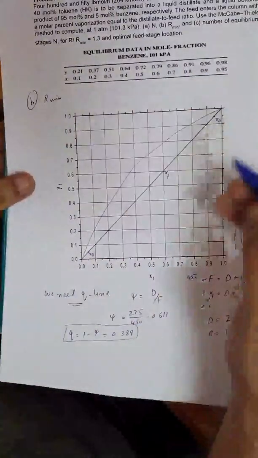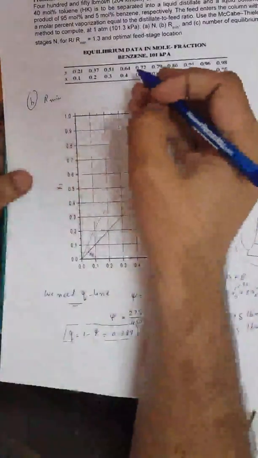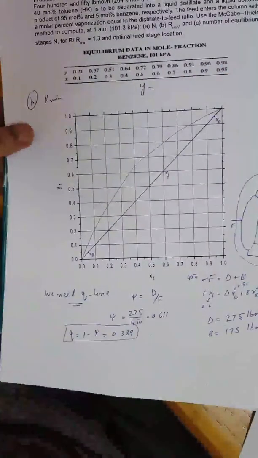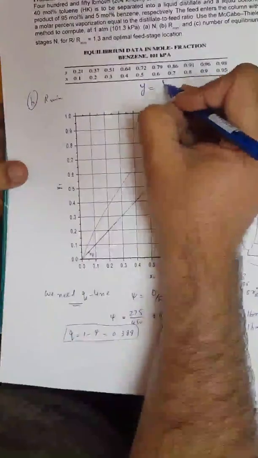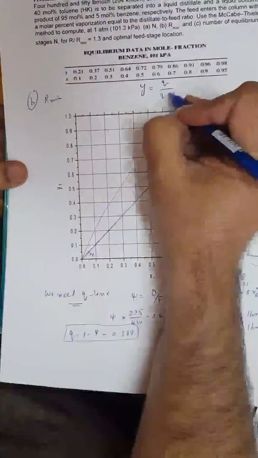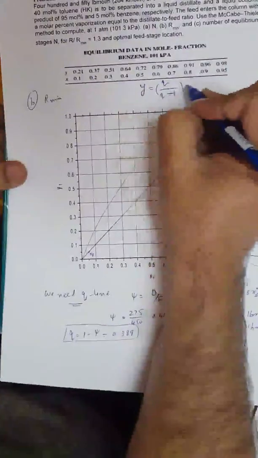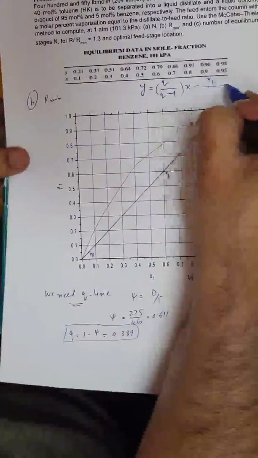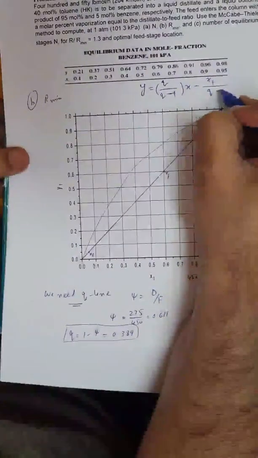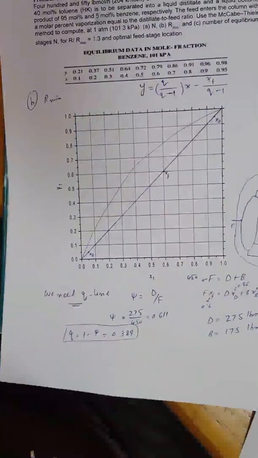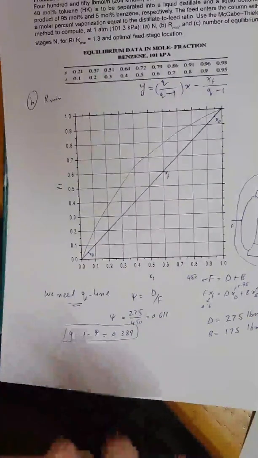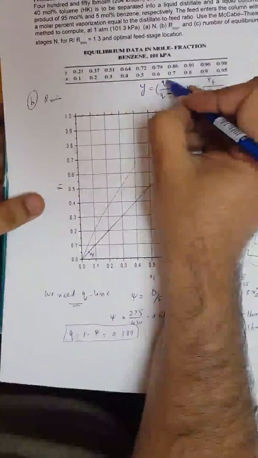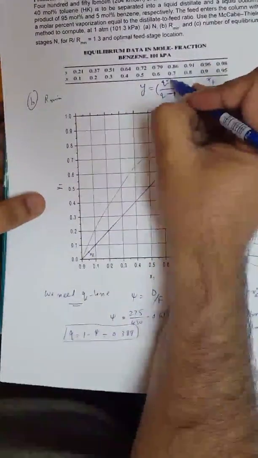But the easy way is to plot the Q line: y is equal to Q over Q minus 1 times x, minus xf over Q minus 1. You can put any value of x. We know the Q value, this is 0.389.